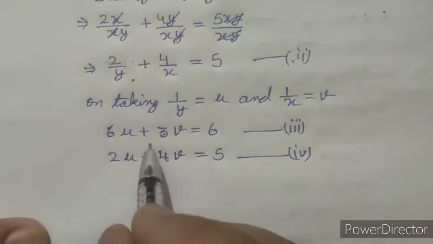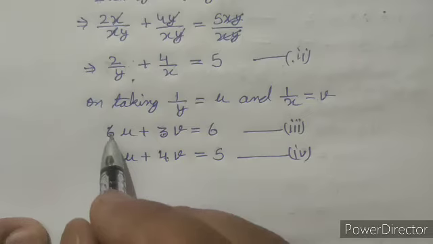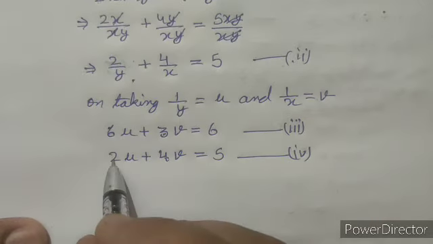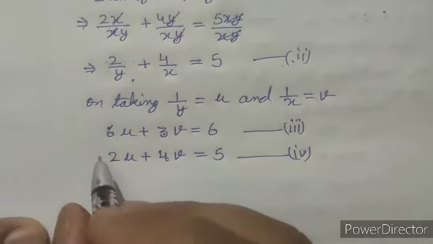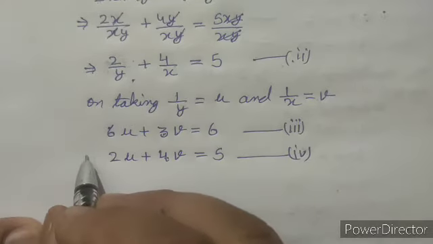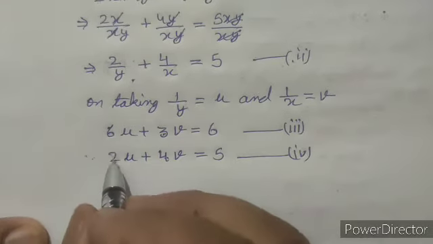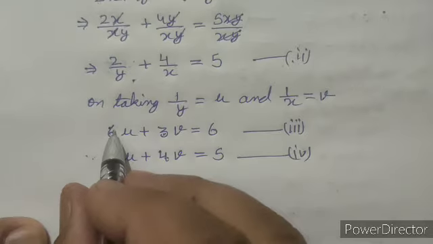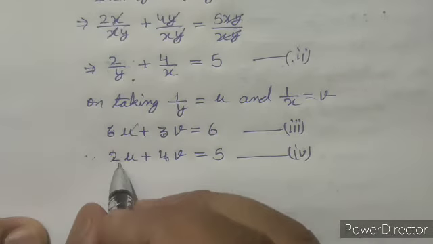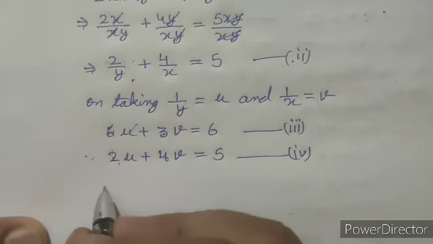Now here LCM of 6 and 2 is 6, so we can multiply the equation fourth by 3 and then subtract it from equation third to eliminate the variable u.